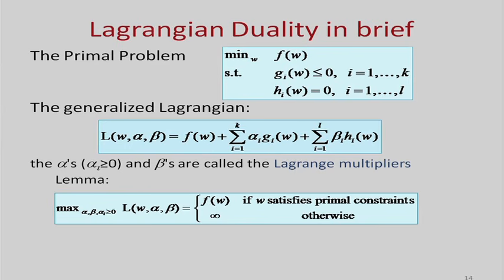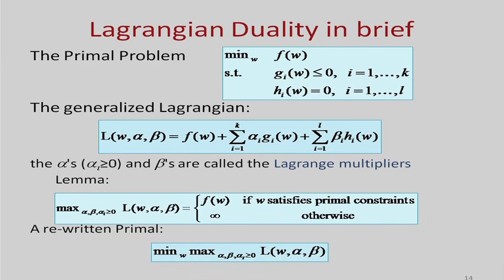So, if you look at the maximum of the value of L(w, alpha, beta), then if w satisfies the primal constraints, it will be equal to f(w) and it will be infinity otherwise. And we can rewrite the primal as finding the value of this expression, max of L(w, alpha, beta).